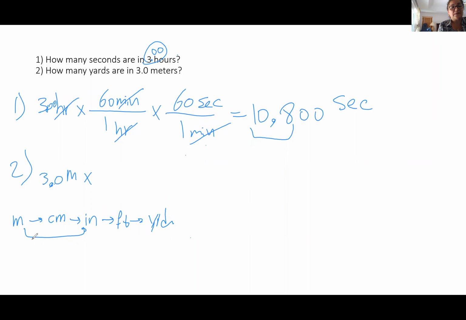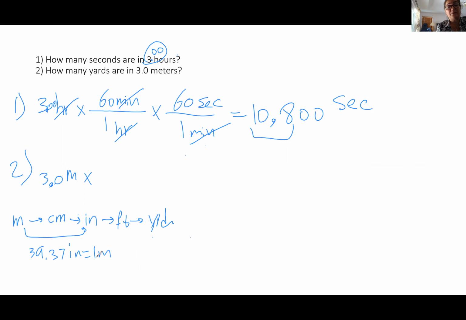So if you know that there are 39.37 inches in 1 meter, you can use that shortcut. If not, you could go to centimeter and then to inches. So to make the steps shorter, I'm just going to use this conversion at this point.